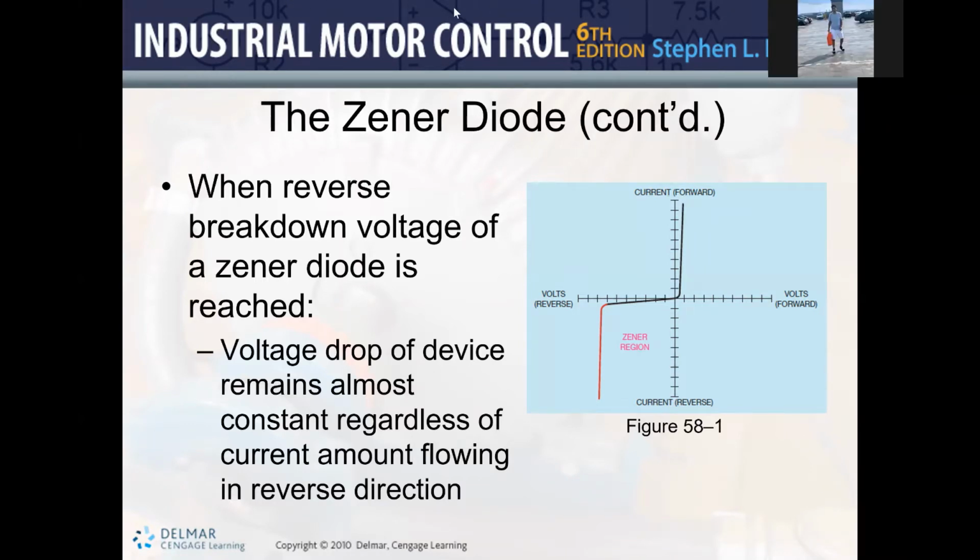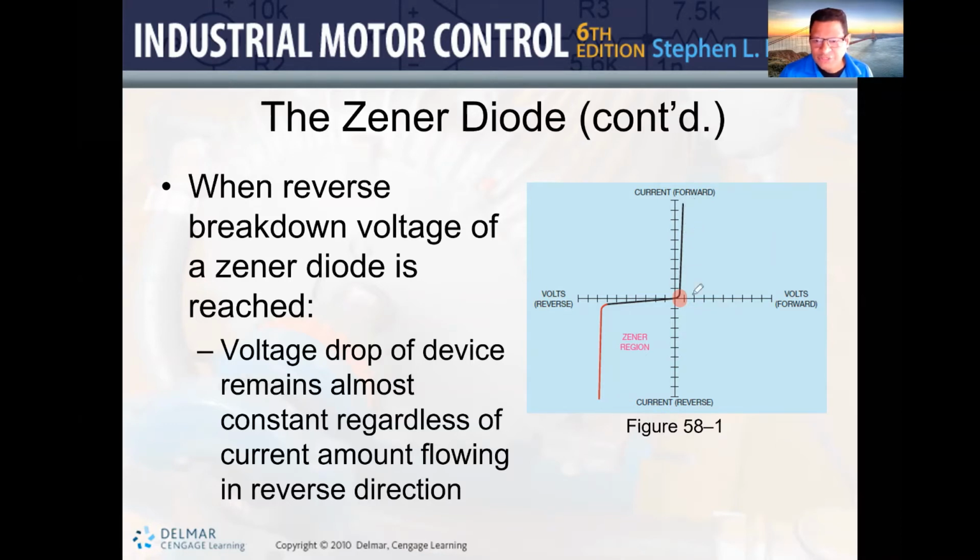So let's go through this slide here. In this case, we see the following. This is a regular diode. A regular diode is going to be using our 0.7 volts, and once it has 0.7 volts, it's going to conduct current.